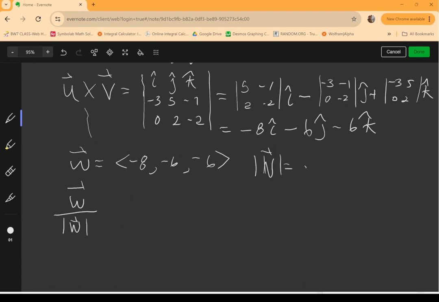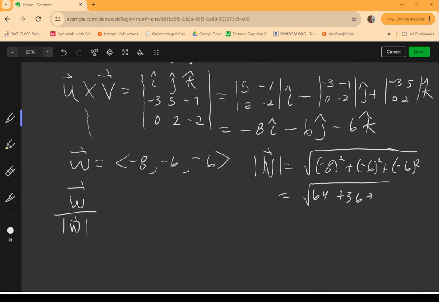that is going to be the square root of -8 squared plus -6 squared plus another -6 squared. And that becomes the square root of 64 plus 36 plus 36. All right, what does this become? 36 and 36 is 72, so we get 72 plus 64.